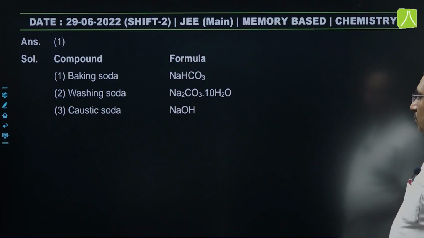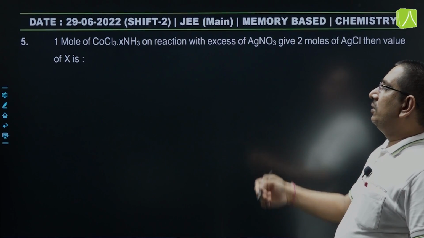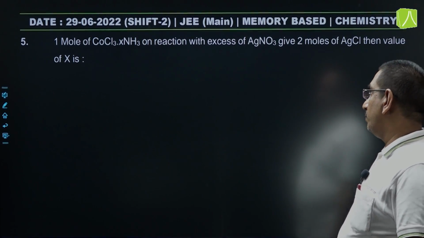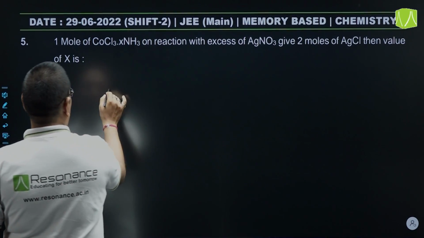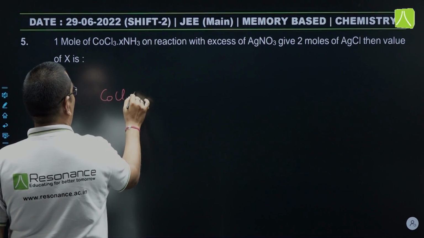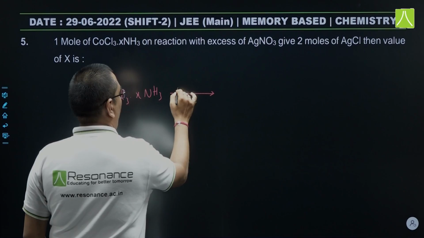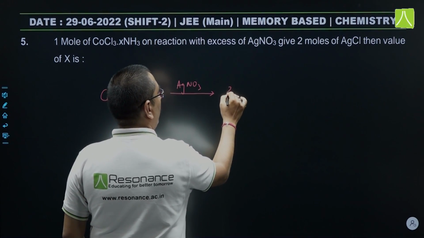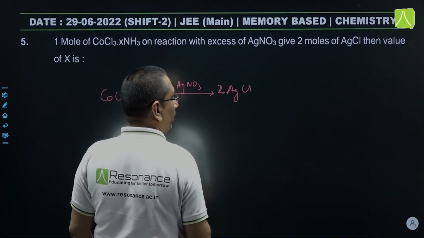Next, 1 mole of CoCl3·xNH3 on reaction with excess of AgNO3 gives 2 moles of AgCl. So, CoCl3·xNH3 on reacting with excess of AgNO3 is producing 2 moles of AgCl.